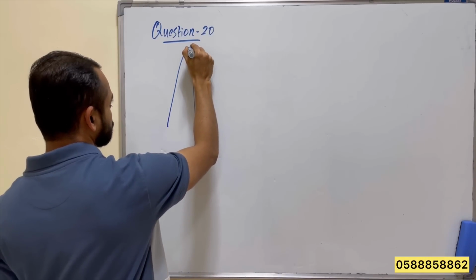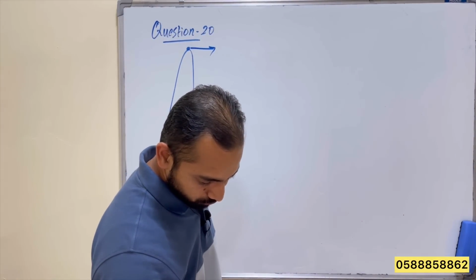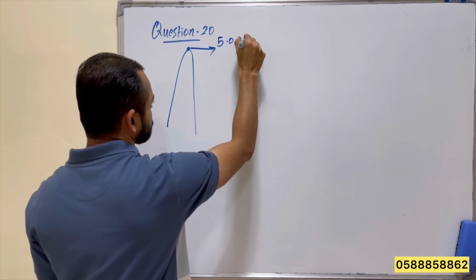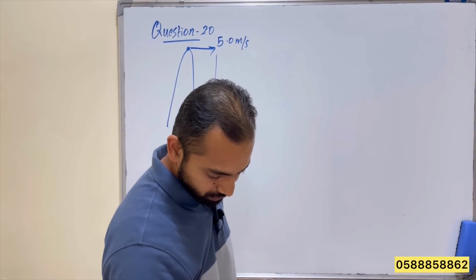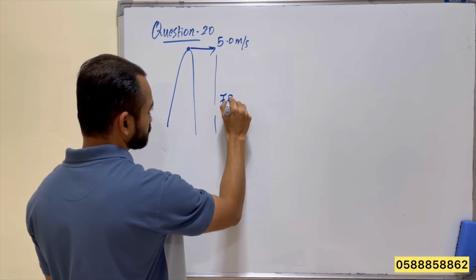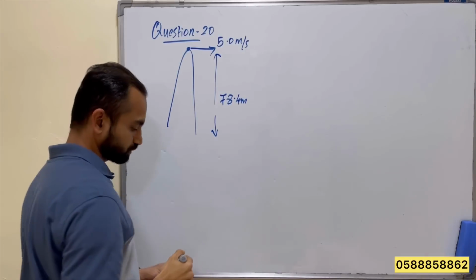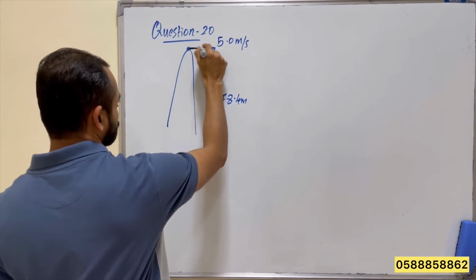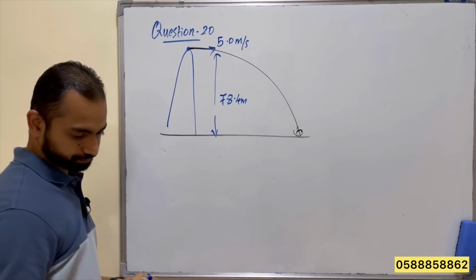You are throwing a ball from here in a horizontal direction at a speed of 5.0 meter per second. And this cliff is at a height. The height of the cliff is 78.4 meter. So the ball will follow a curved path like this, and it will reach the ground here.